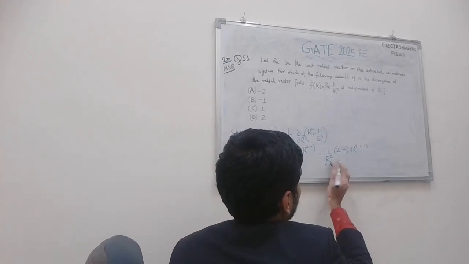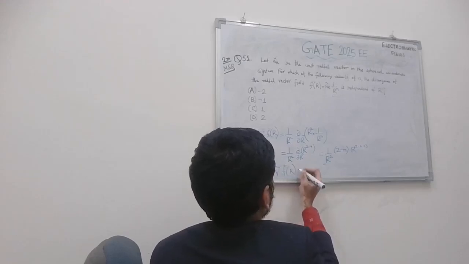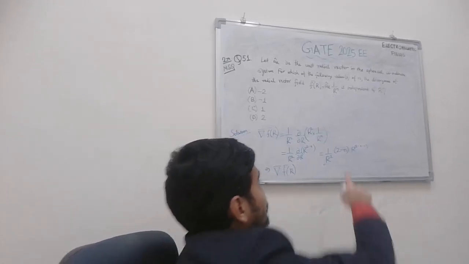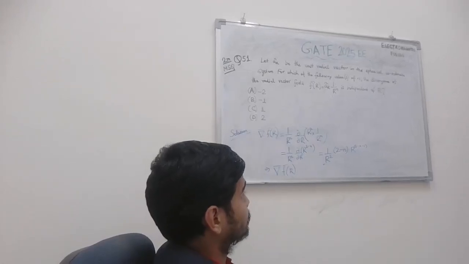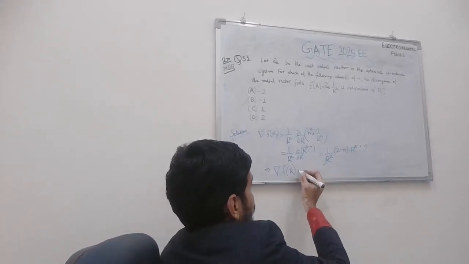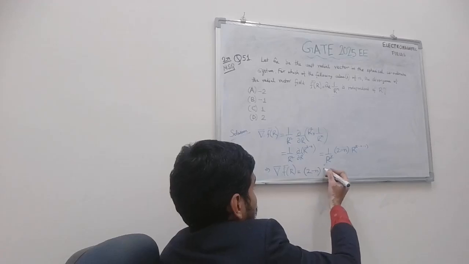R square is already in the numerator, so basically if we simplify it, the 2 and 2 cancel out, so we will be left with 2 minus n r to the power minus of n plus 1.